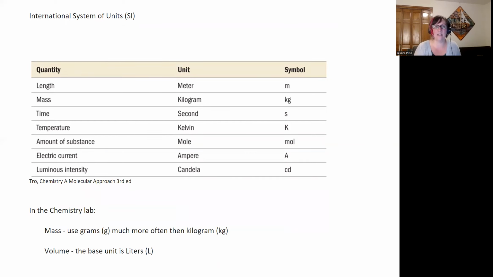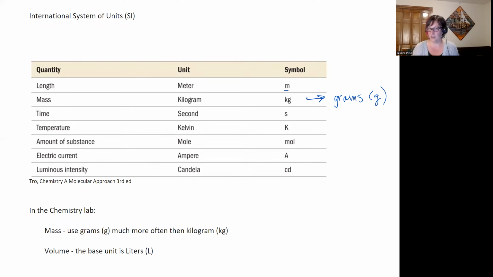Length will always be in meters. The symbol is a lowercase m. Mass, the standard unit is kilograms, although I'll say that typically, in the metric system, the base unit here would be grams, which makes the prefixes that we'll talk about in a second make a little bit more sense. Time is going to have a base unit of seconds.